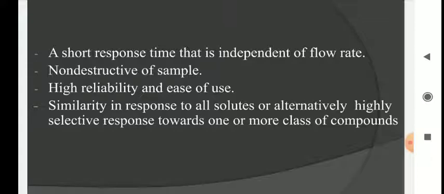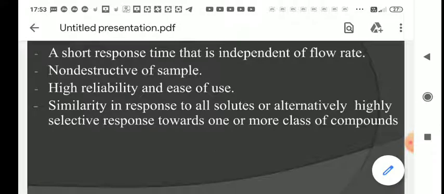Say, for example, if you have sulfur compounds, then you can have a detector which will respond only to sulfur compounds. You may have another detector which may be sensitive only to nitrogen and phosphorus. In that case, that detector will give you a highly selective response. Either the detector should give you a highly selective response, or it should be able to detect all the types of compounds which you are analyzing.